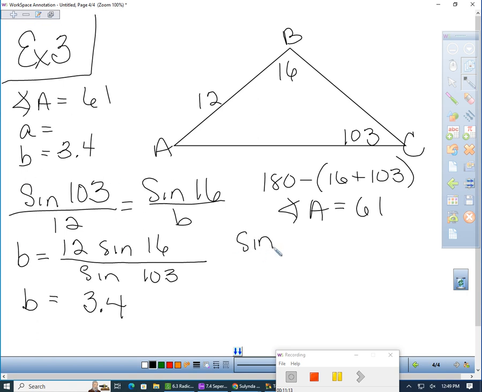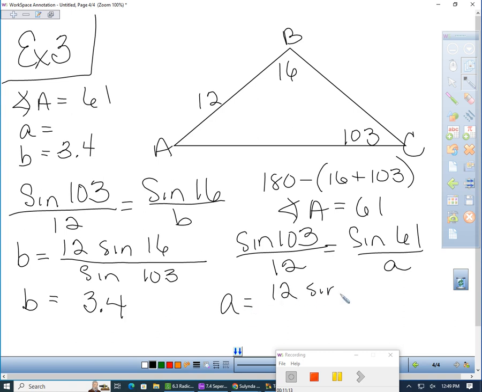So I have sine 103 over 12 equals sine 61 over side A. Again, we cross multiply. So A equals 12 sine 61 over sine 103.